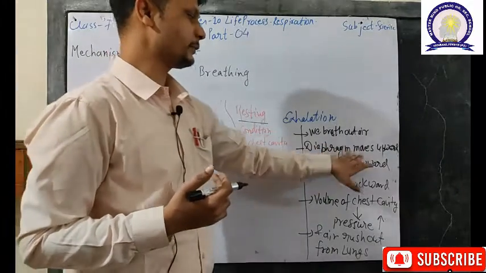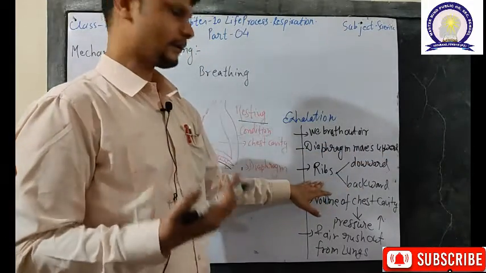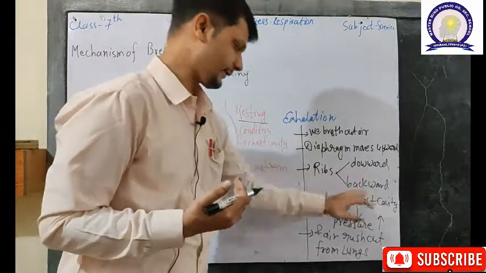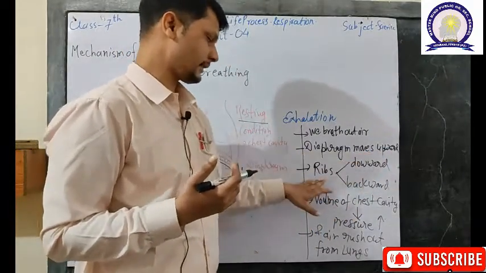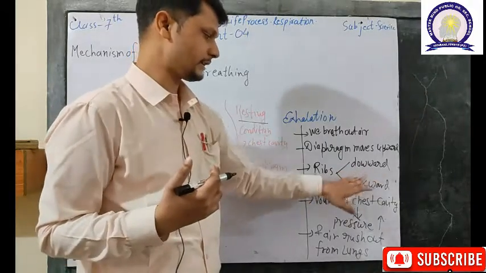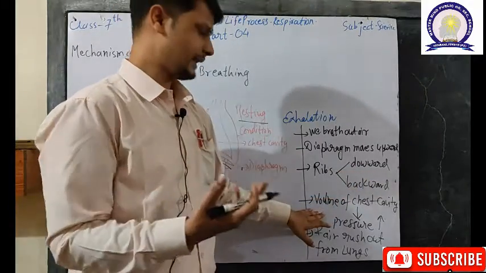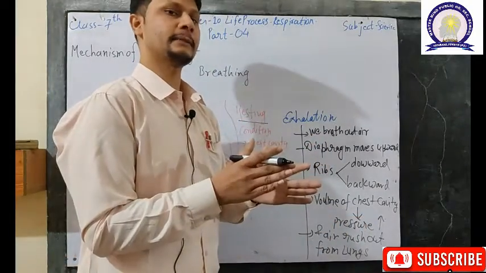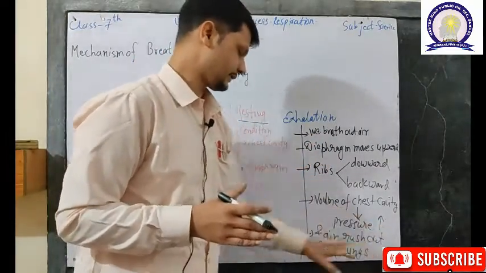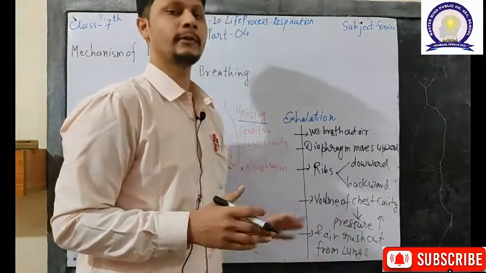That means the diaphragm moves upwards. What is the movement of the ribs? The ribs move downwards and backwards, and because the diaphragm moves upwards and the ribs move downwards and backward, the volume of the chest cavity decreases and pressure inside that cavity increases. That leads to the air rushing out from the lungs.